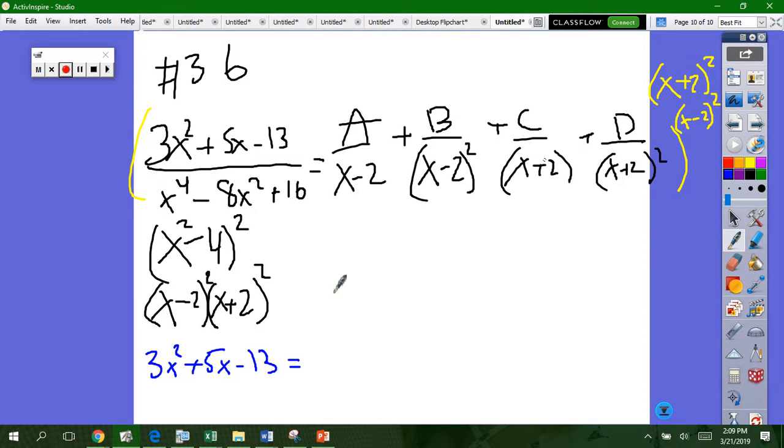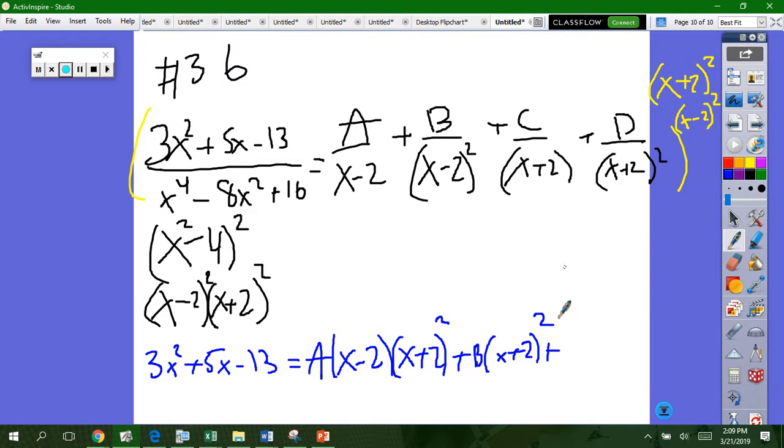x minus 2, one of those cancels out. So I have a times one of those x minus 2's. And then I have both of those x plus 2's, don't I? Does everybody see that? And then here, both x minus 2's get rid of each other, so I'm left with the x plus 2 squared.